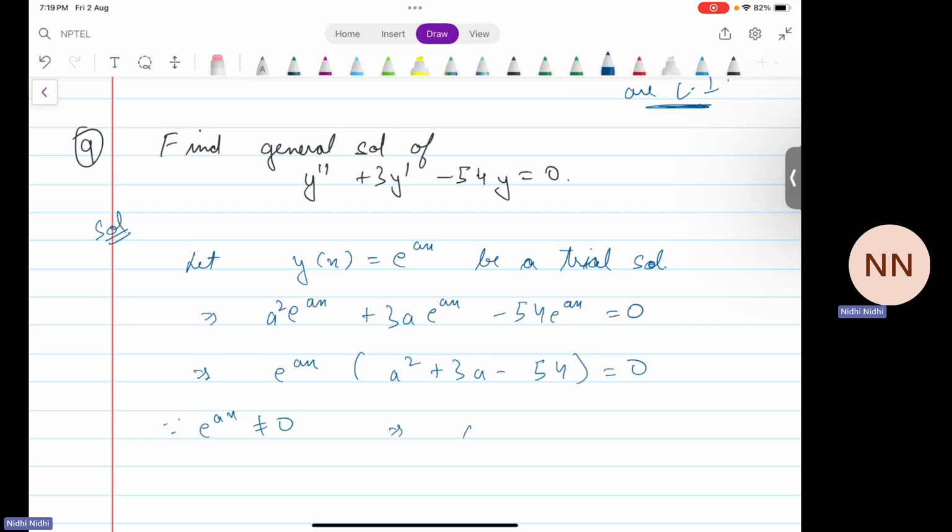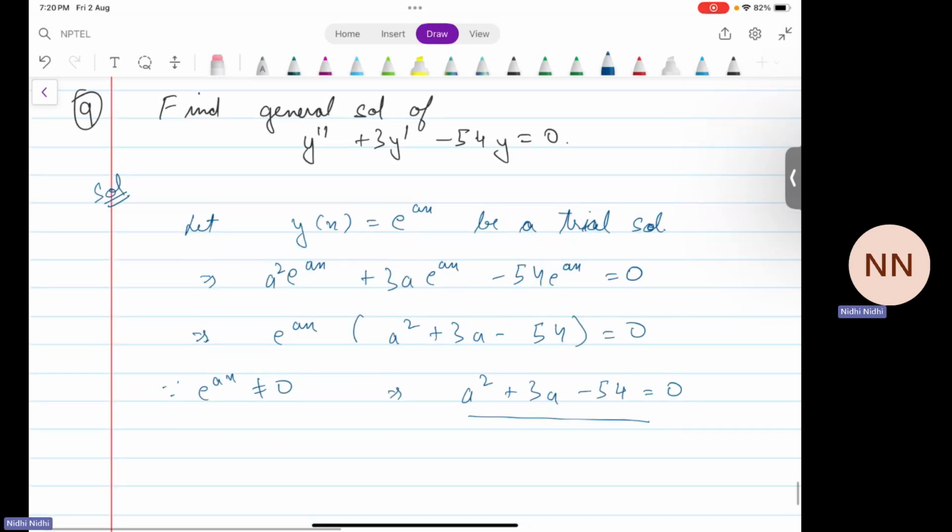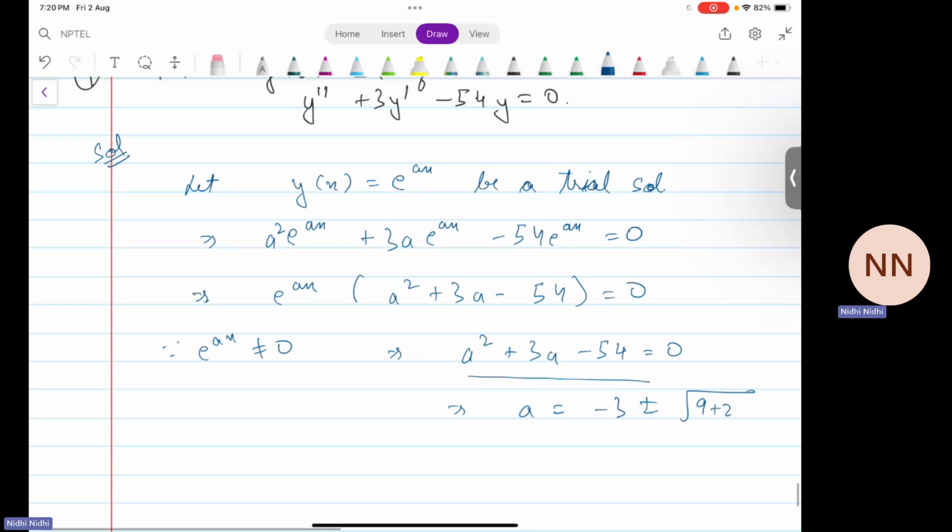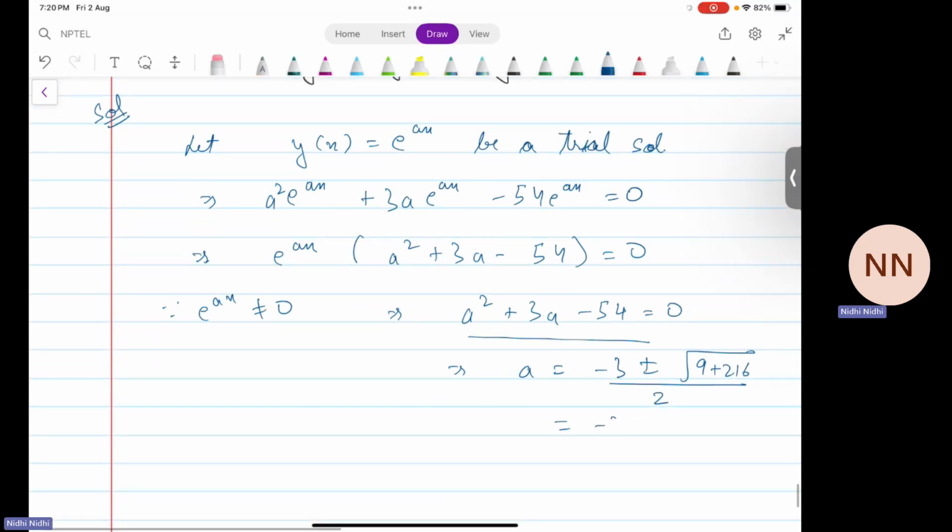This implies a squared plus 3a minus 54 is equal to 0. Now solving this quadratic equation, we get a is equal to minus 3 plus minus the square root of 9 plus 216, all by 2, which is minus 3 plus minus 15 by 2, which is minus 9 or 6.